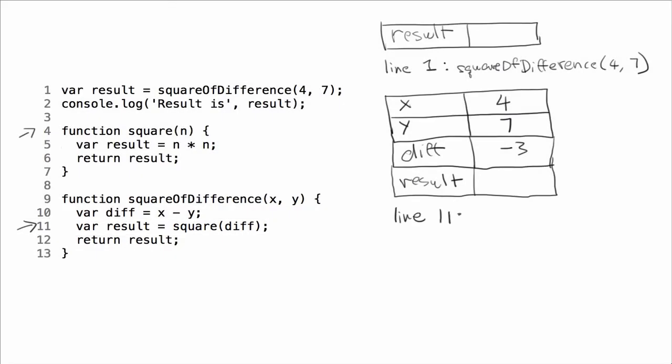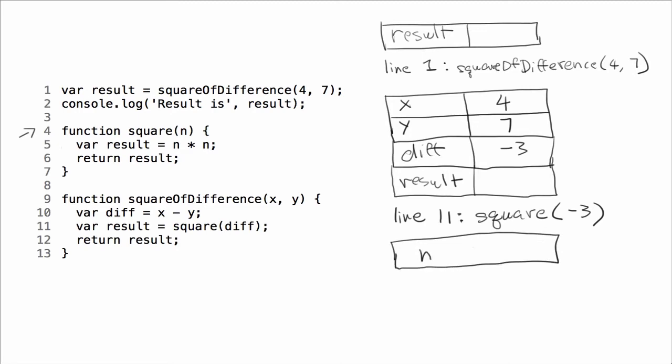And I will also write down the invocation of the function call, square of negative 3, as negative 3 is the current value of div. In the square function now, I will first make space for the parameters of that function. There is just one parameter, n, and it has the value of negative 3.